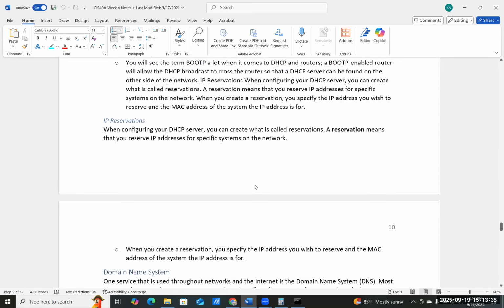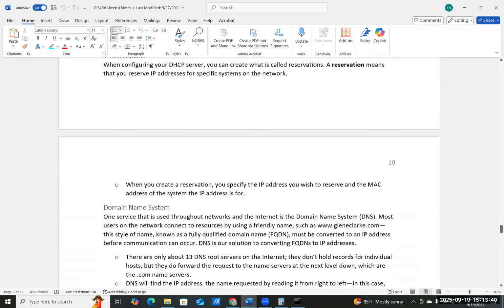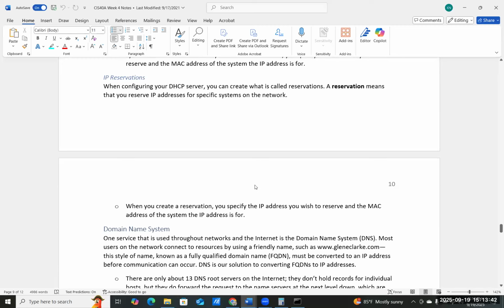And then let's talk about reservation real quick. Okay. So in DHCP, let's say that I have a pool of IP addresses, like 192.168.0.1 through 254. That will be the available IP addresses I can give to all the systems that are connected.